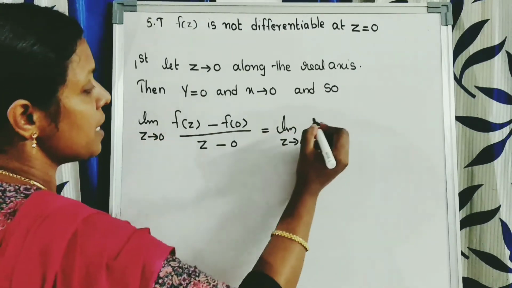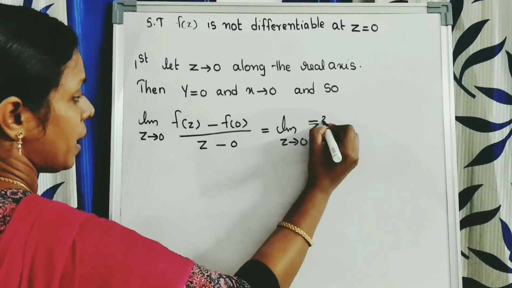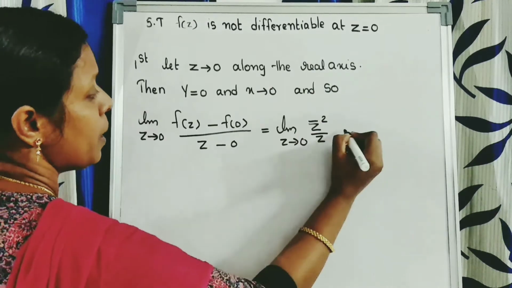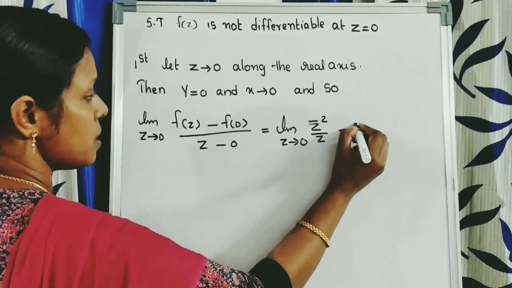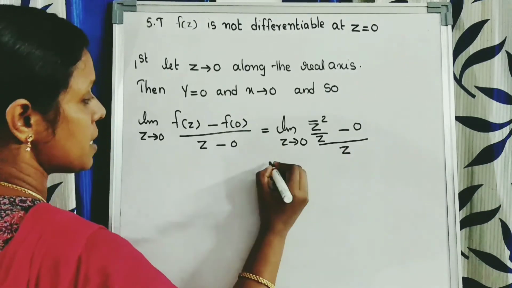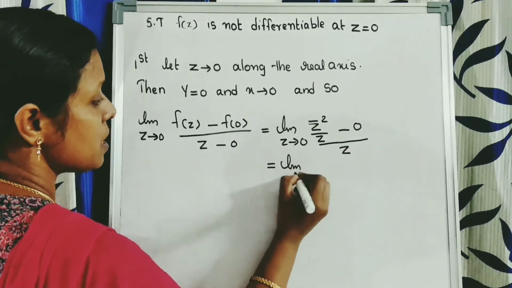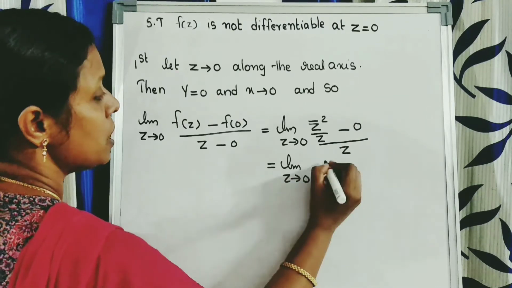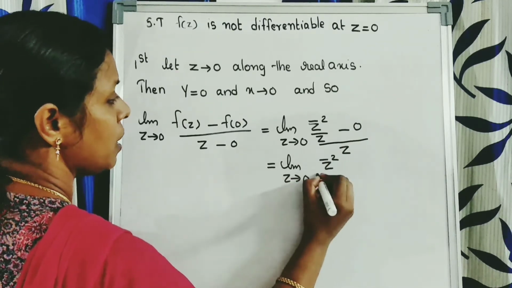Here f of z is z conjugate square divided by z, f of 0 is 0, and the denominator z minus 0 is z.